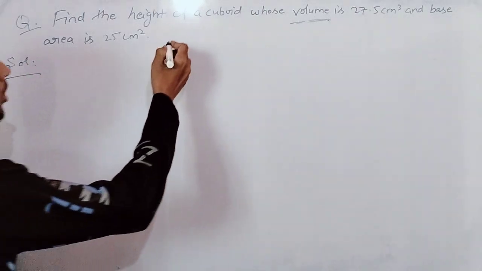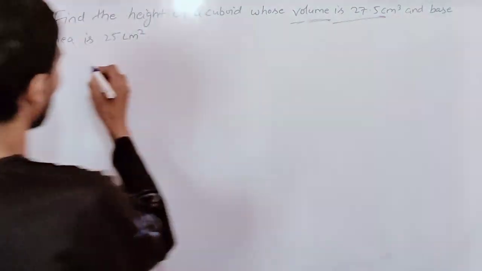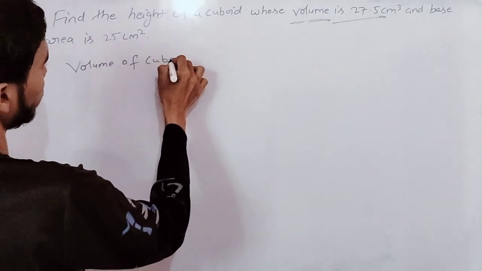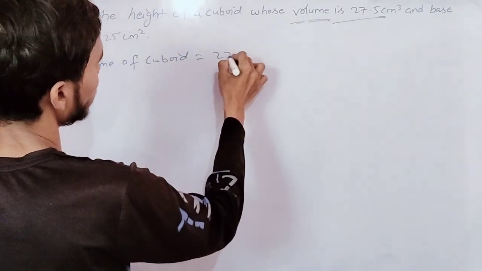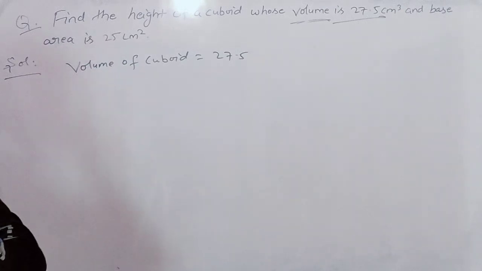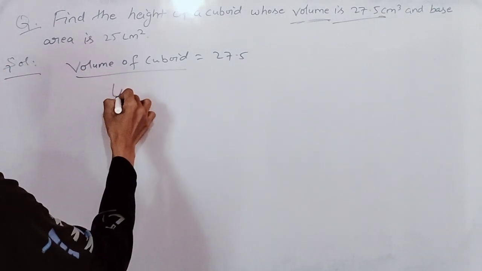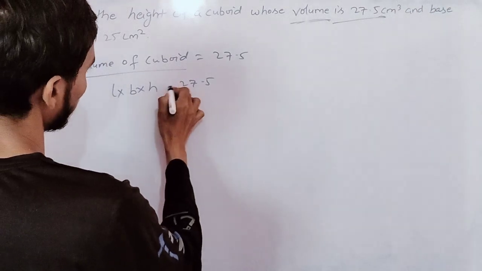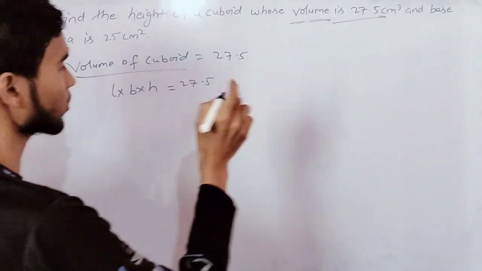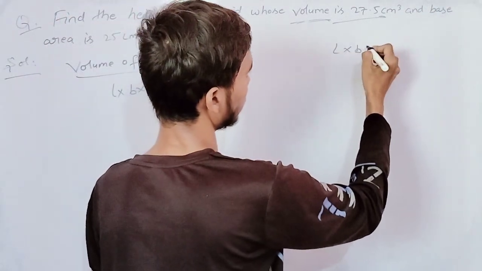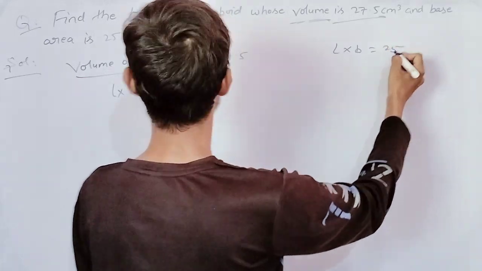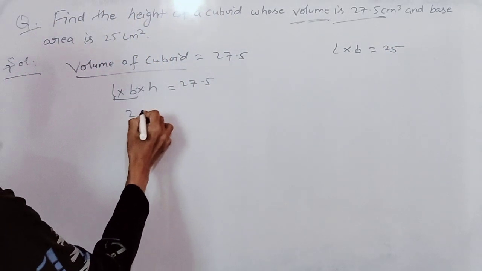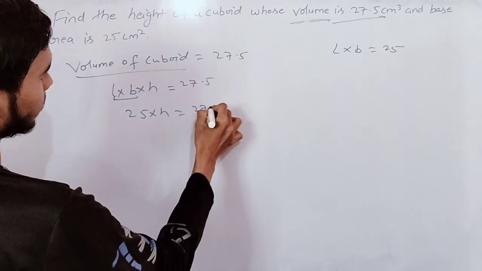Here you have given the volume of a cuboid, which is 27.5. Formula of this: L multiplied by B multiplied by H is 27.5. Now this L multiplied by B is given, which is 25. So 25 multiplied by H is 27.5.